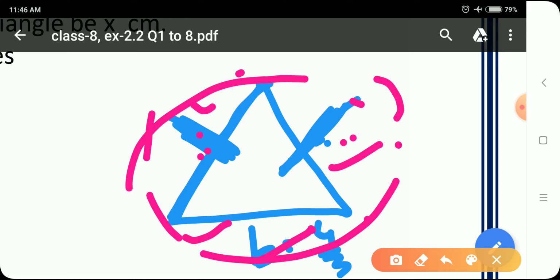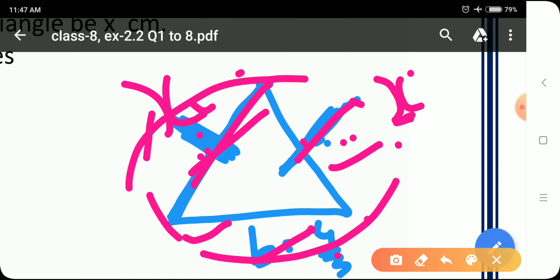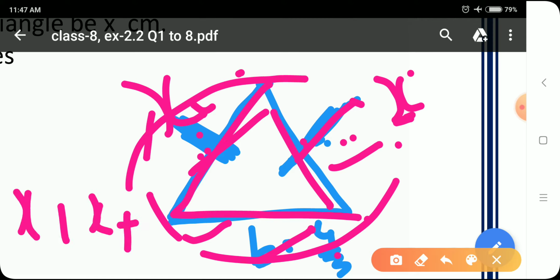So let us take this side as x. If this is x, you know that these two sides are equal, so this side is also x. The perimeter is given, which means x plus x plus 4 by 3 is equal to the perimeter.